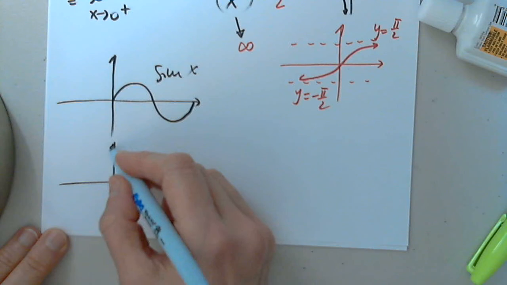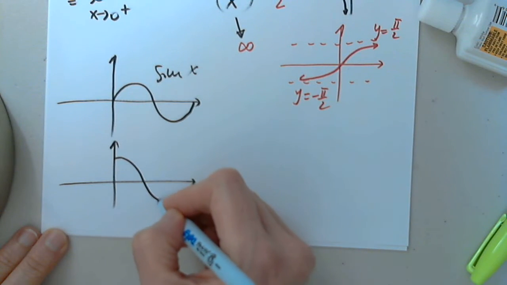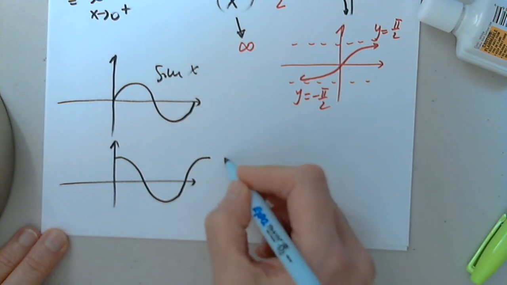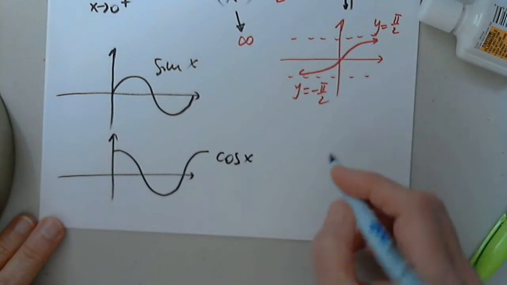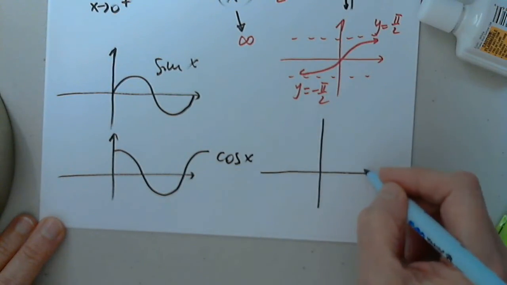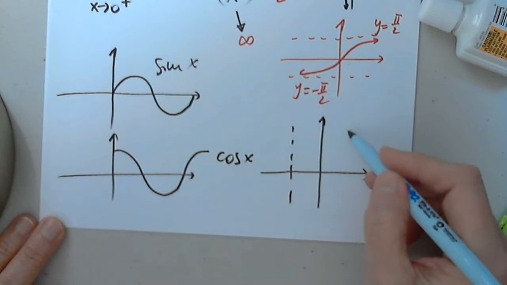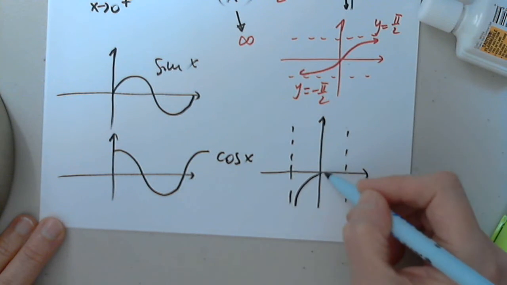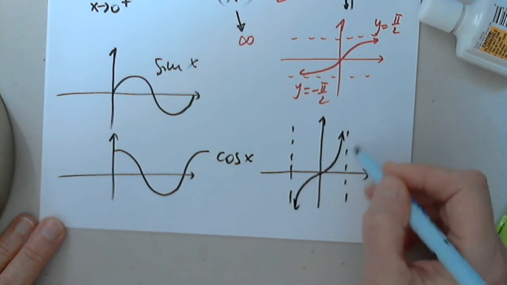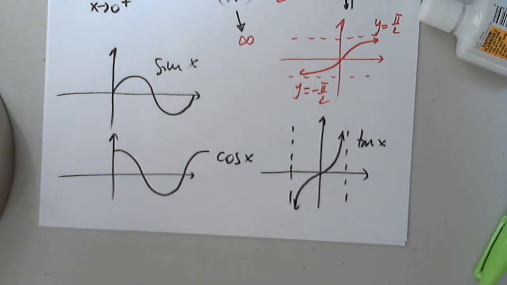I hope that you remember this vase thing, which is cosine x. And I expect you to remember tangent. Of course, they repeat forever. So at least these three.